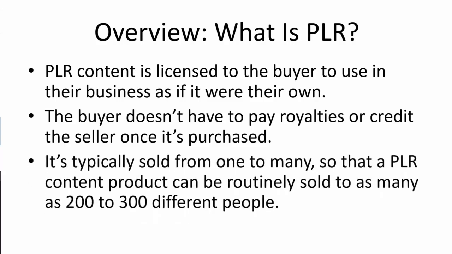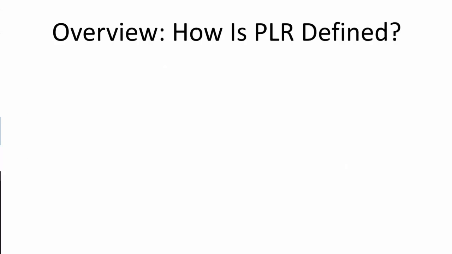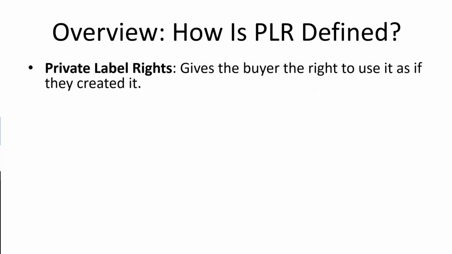Typically, it's sold from one person or one organization to many people. So the PLR content product can routinely be sold to as many as 200 to 300 people at the same time. Now, how is PLR defined? One of the ways PLR is defined routinely in the marketplace is private label rights.